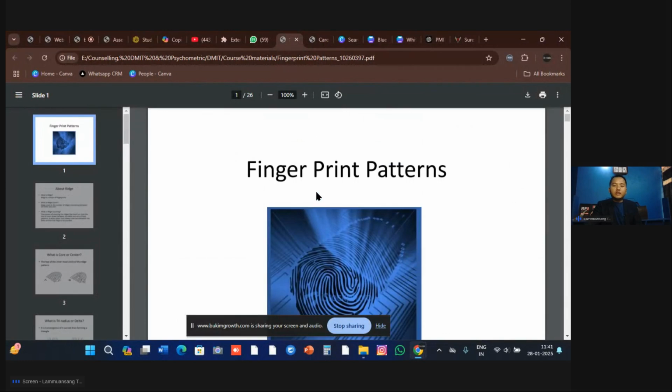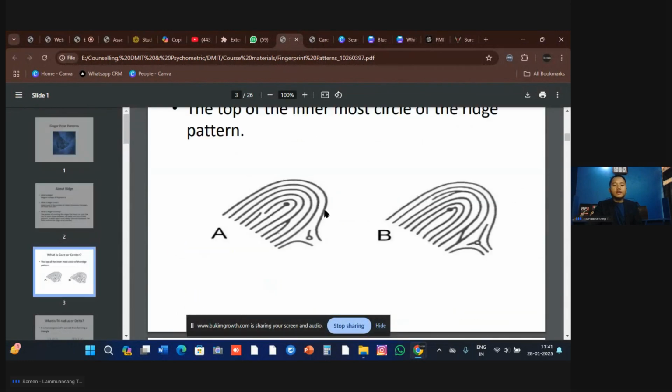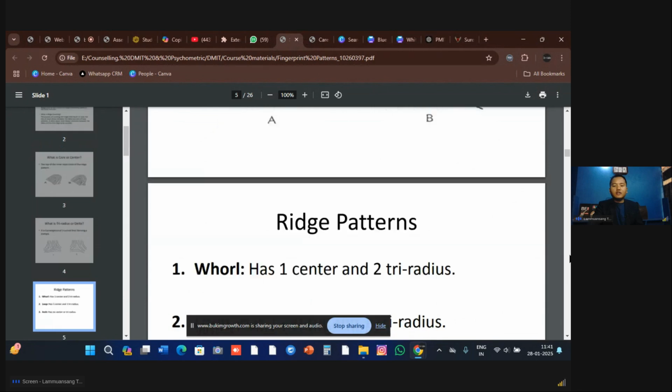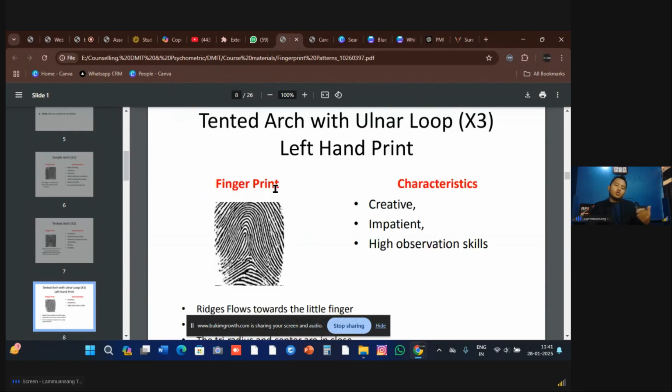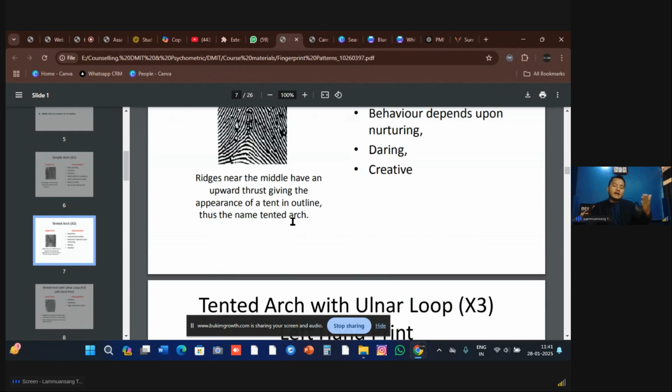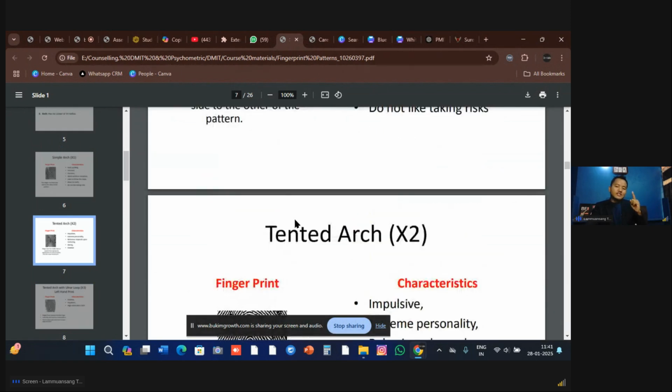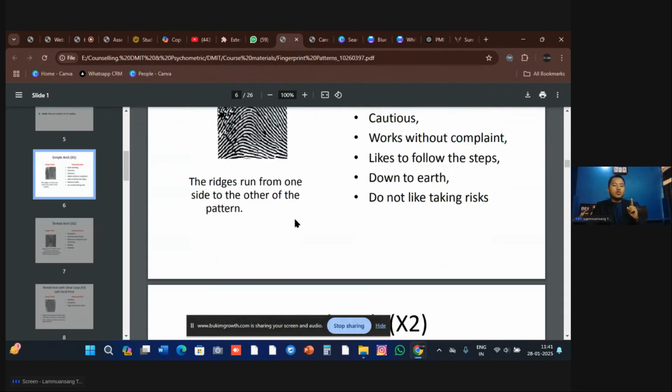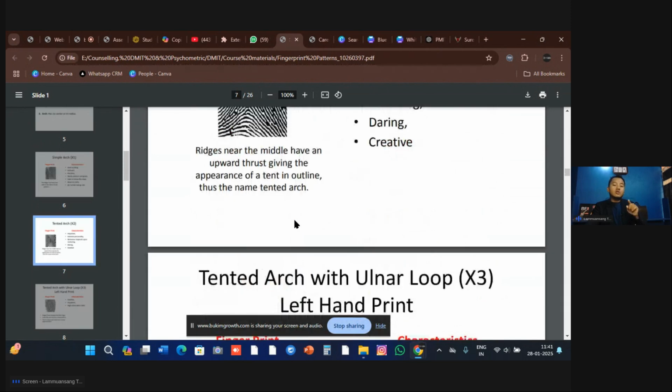Always keep it with you. Always see this. Don't use your assumption. If you use your assumption, I guarantee you your report will not be correct. Don't use your assumption. Always use this.